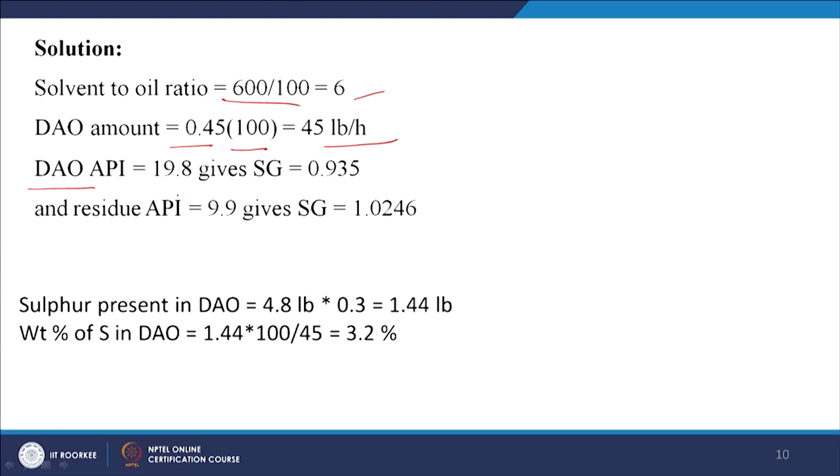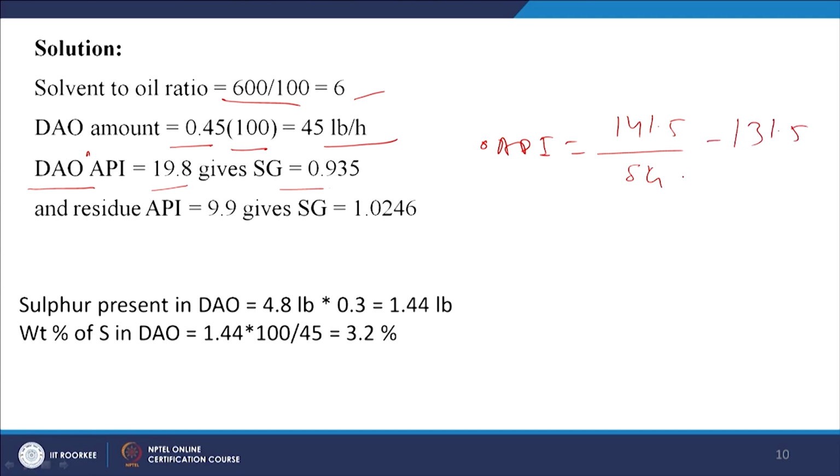And then for the DAO which is produced, the degree API is 19.8, which is equal to an SG of 0.935. Degree API equals 141.5 divided by specific gravity minus 131.5, as we have discussed.